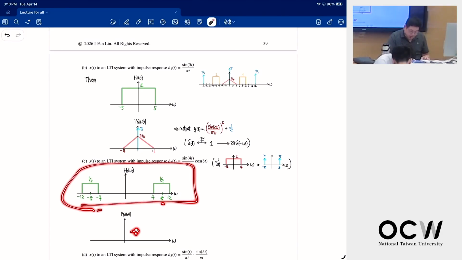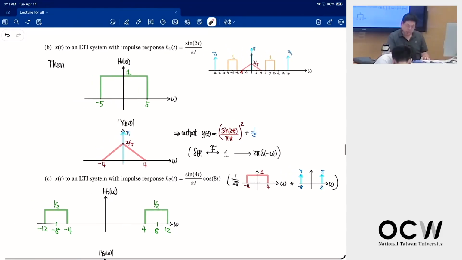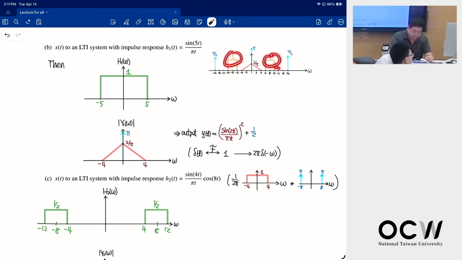The output, okay, this times here, -4 to -12, here and here. So I preserve these 2 yellow rectangular pulses.